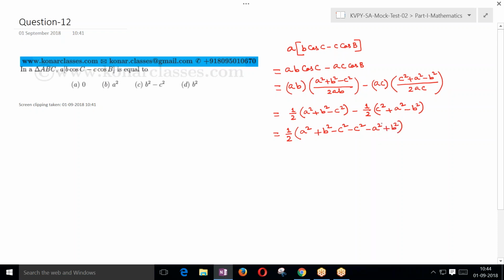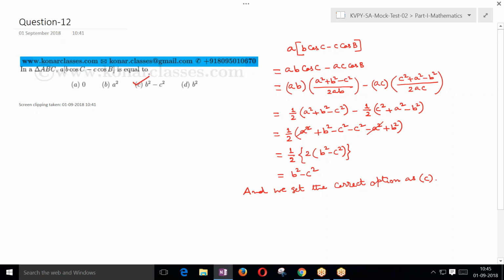Then a square and a square got cancelled, and in the numerator we get 2 into (b square minus c square), so we get b square minus c square, and we get the correct option as C.